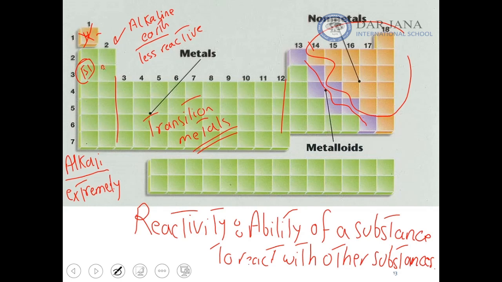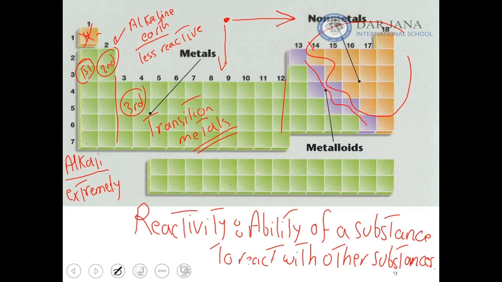Then in the second place come the alkaline earth metals. Then in the third place, transition metals come. So the reactivity will decrease as you go to the right. This only applies for metals.